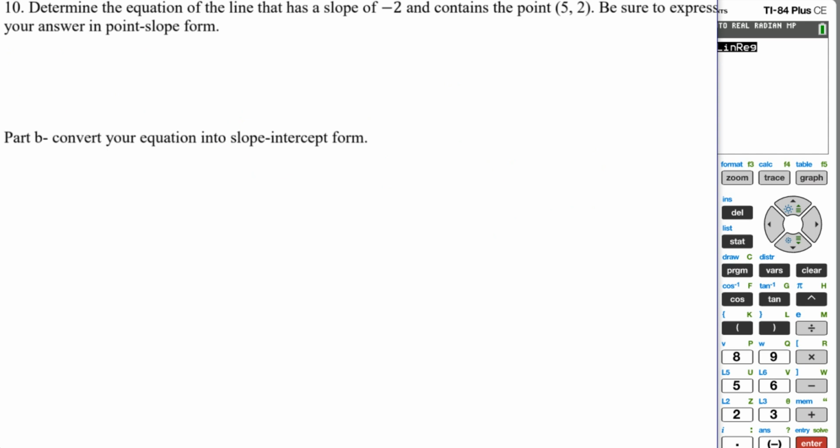Okay. So number 10, it says determine the equation of a line that has a slope of -2 and contains the points 5, 2, and be sure to express your answer in point slope form. So I see point slope form. I'm going to use y minus y1 equals m multiplied by x minus x1. I have an m of -2.